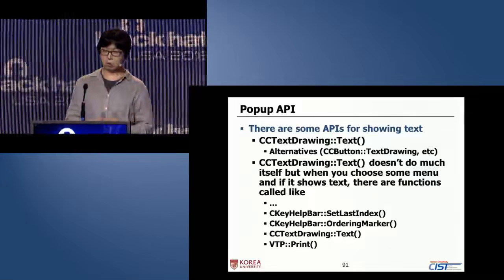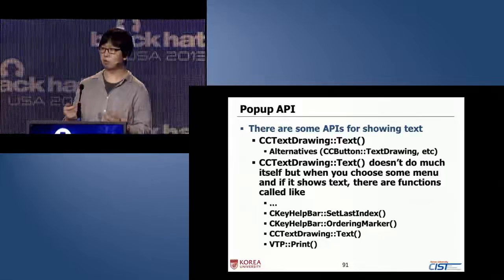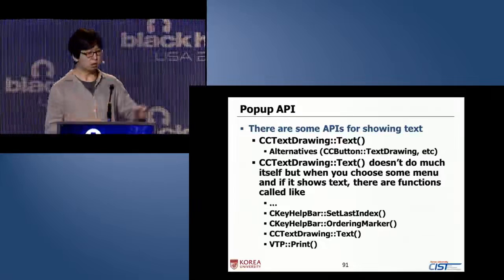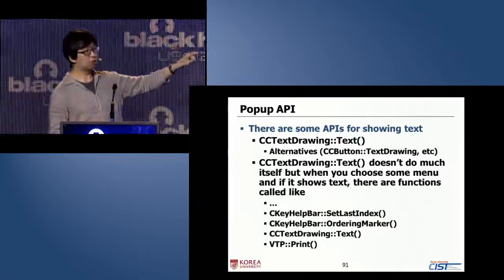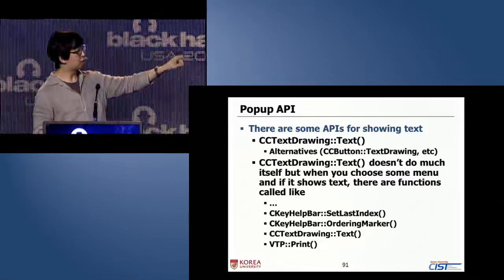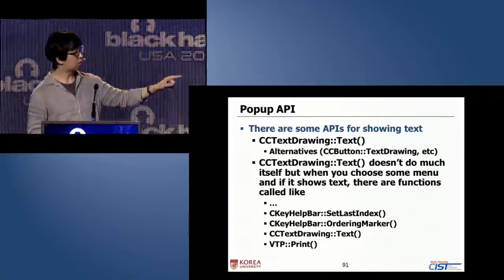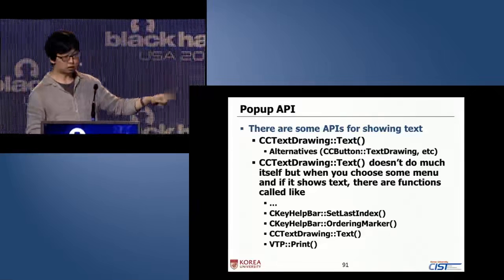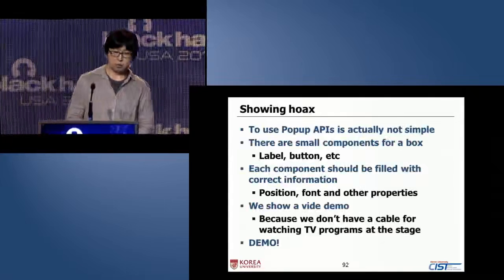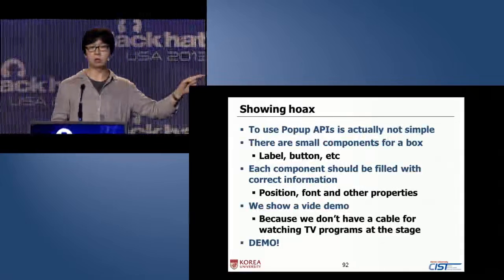When you click some menu on the remote controller and it shows text messages, the function flow is like this: first some other functions, then C key help bar, set last index, ordering marker, C text, drawing text, and VTP print. So you see those APIs.